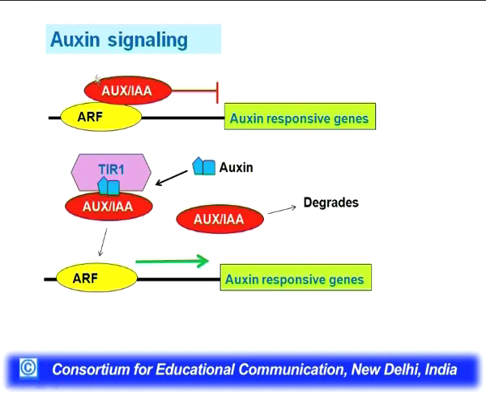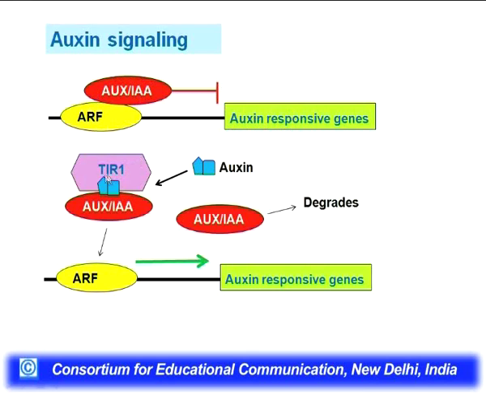This is a protein which is named as either AUX or IAA, because these are the ones which are required for AUX/IAA inhibition and signaling. So, when this AUX/IAA inhibitor molecule binds with the ARF, then because it is a repressor, it does not allow transcription of auxin response genes.